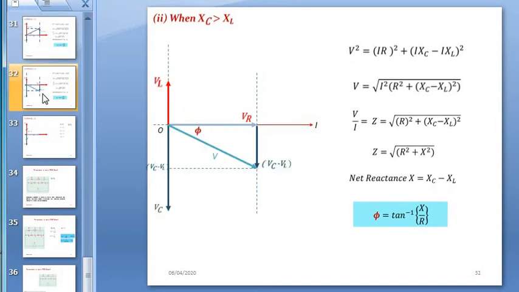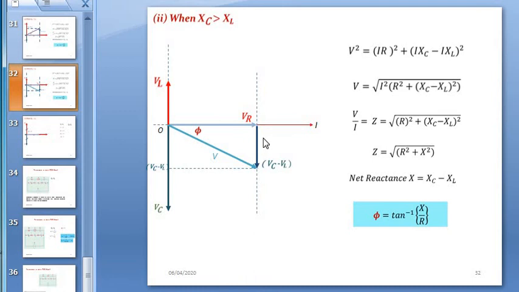Now the next case is XC is greater than XL. XC is greater means the voltage across the capacitor is greater than the voltage across the inductor. Therefore, the net voltage will be along the negative y-axis. So this is VC minus VL.